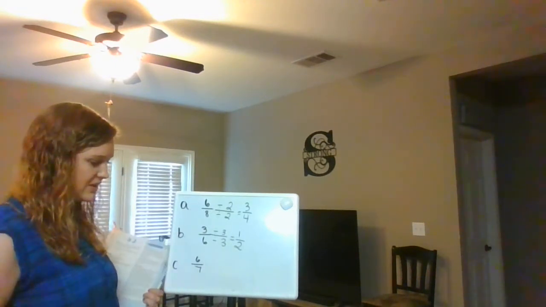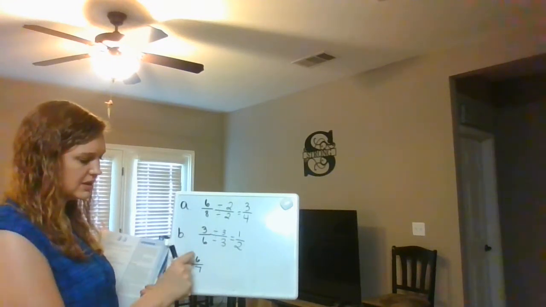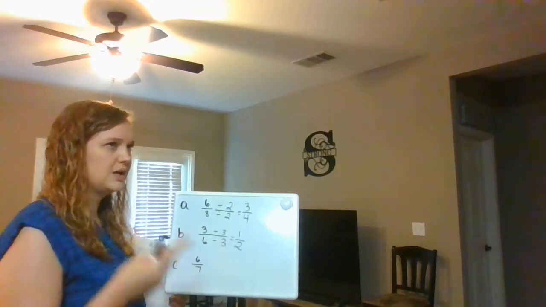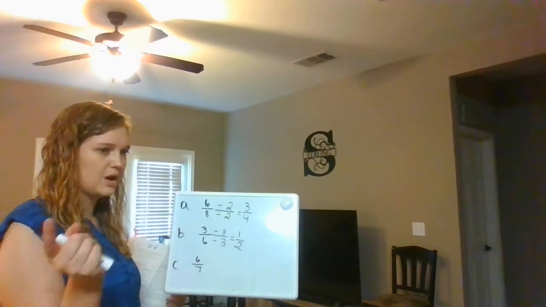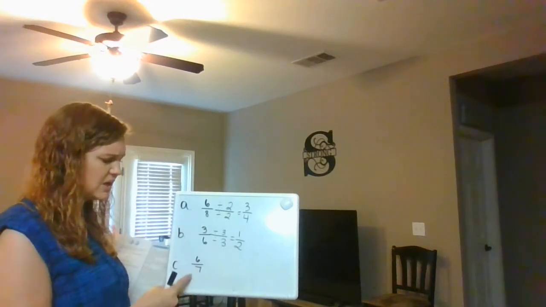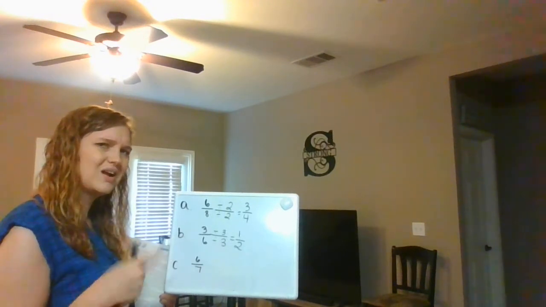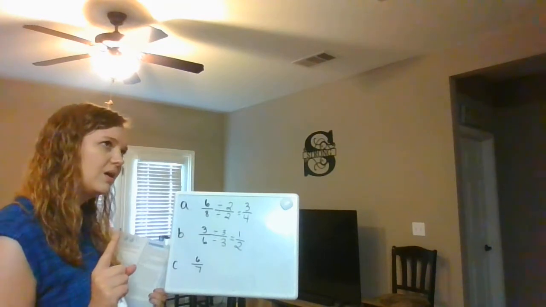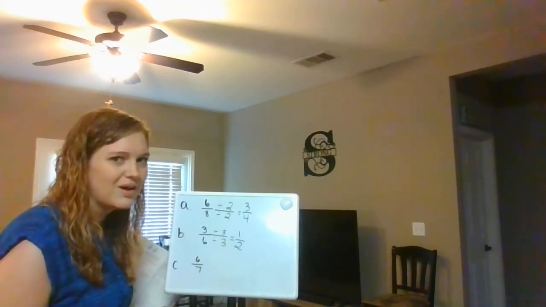Now, 6/7. So 6, the factors are 1, 2, 3, and 6. Those are the numbers that, when multiplied together, equal 6. 7 only has 2 factors, 7 and 1. So what kind of a number is that? Give you all a second to think about it. It's a prime number.